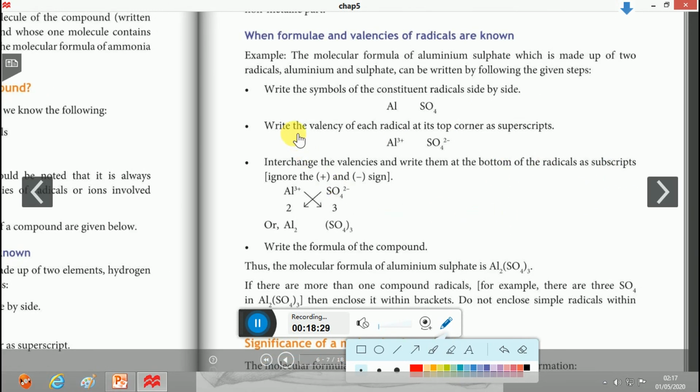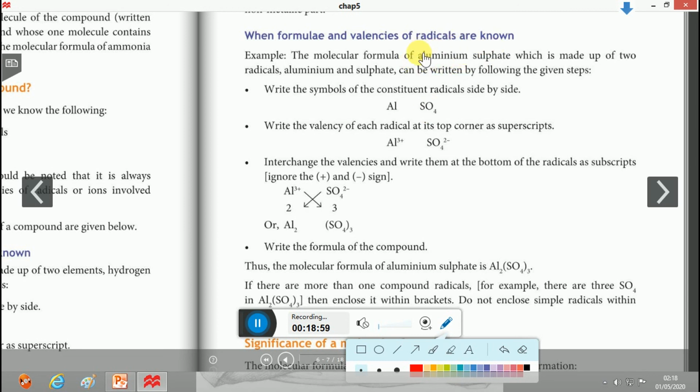In the last example for writing formula, we will consider the formula of aluminum sulfate. How to write the molecular formula of aluminum sulfate? By the name you have understood that the constituent elements or radicals will be aluminum as Al, sulfate as SO4.